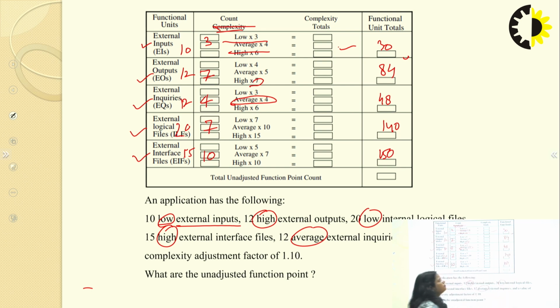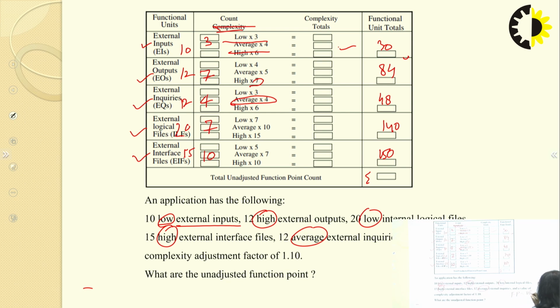In this way we calculate the total unadjusted function points. We sum all these points and find the value. So these are the two methods by which we can find the unadjusted function points, and by calculating the UFP we can find the FP.